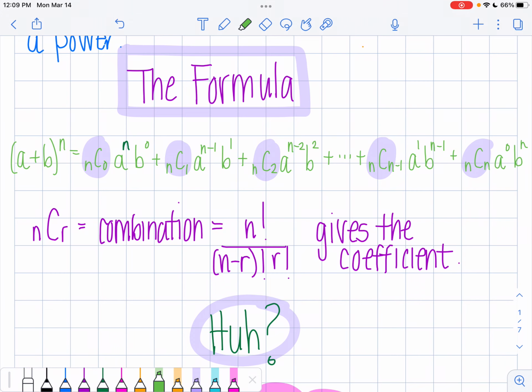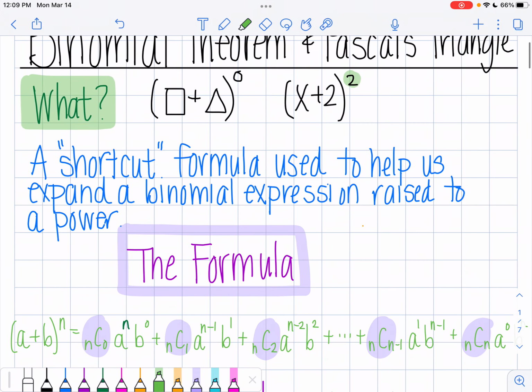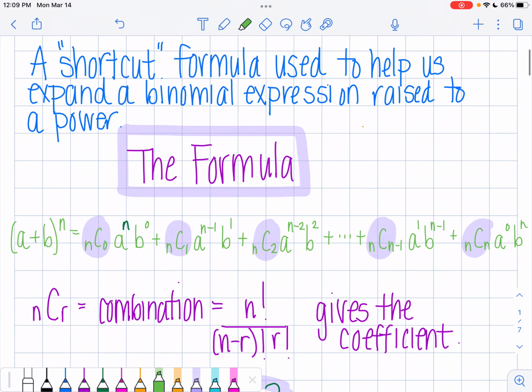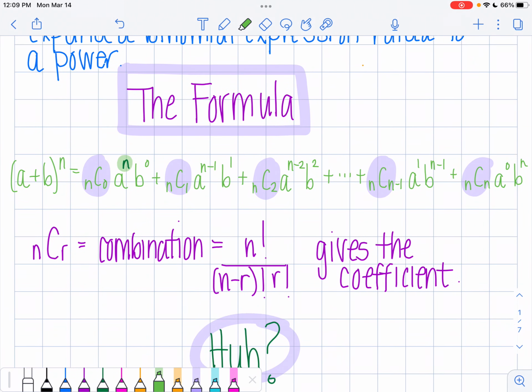So your first term, this one right here, has the exponent that's the same as the power you're raising to, the power 2. And it decreases by 1 every time until it gets down to 0. The second term, the exponent starts at 0 and increases by 1 every time until it gets to the exponent that you're raising your initial power to.